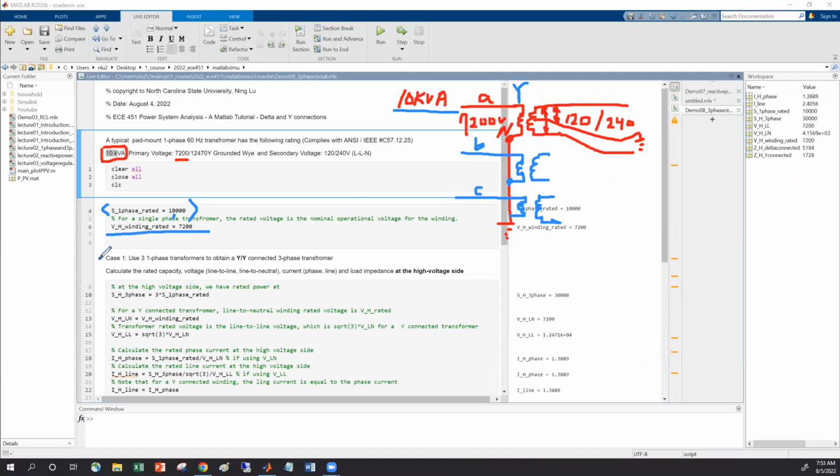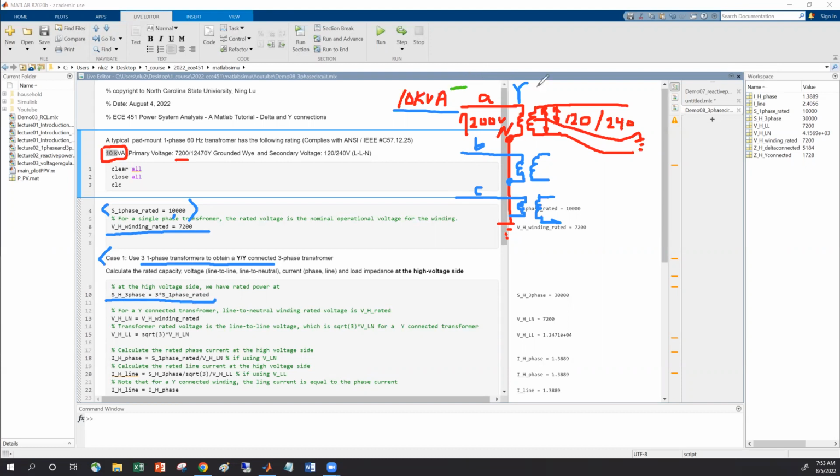So in the first case, we're going to use these 3 single-phase transformers to form a Y-Y connection. So the secondary side is also connected to Y. But we're going to study only the high voltage side, or only look at this side, okay?